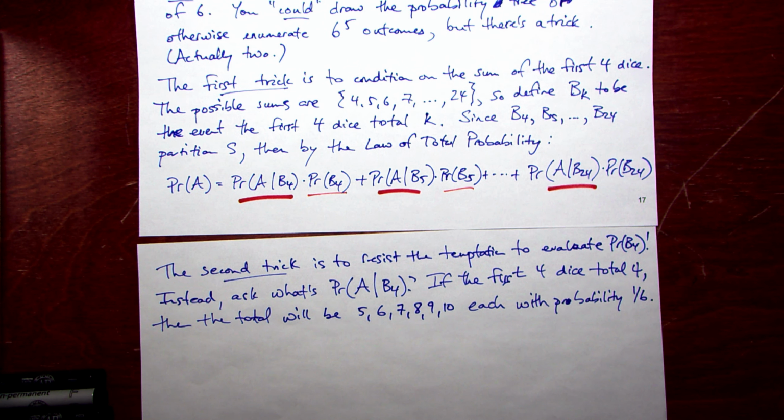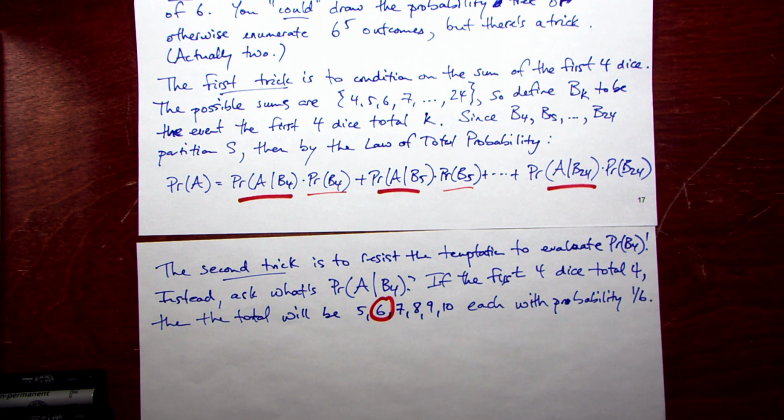In that list there are 6 contiguous numbers in a row. One of them is divisible by 6. The other ones are not. So the probability of A given B4 is 1/6.